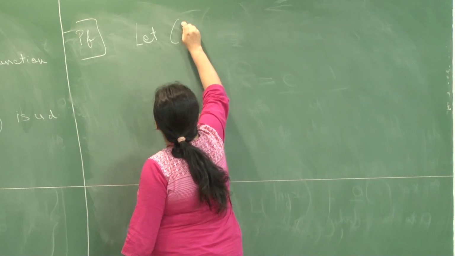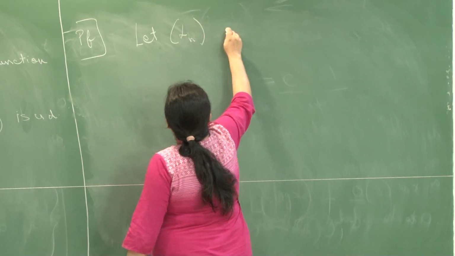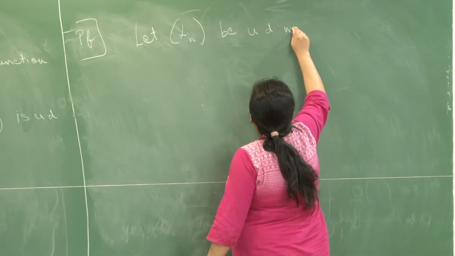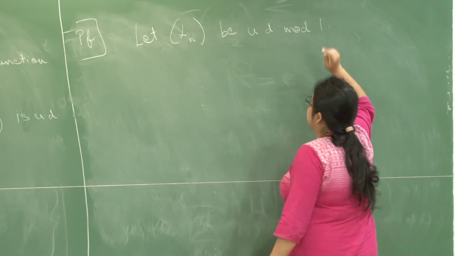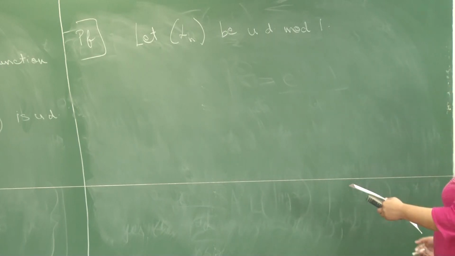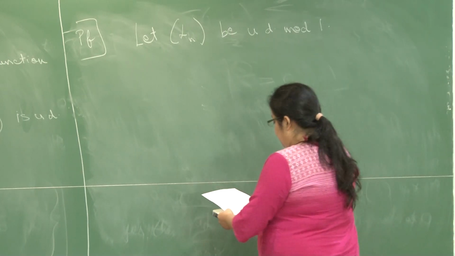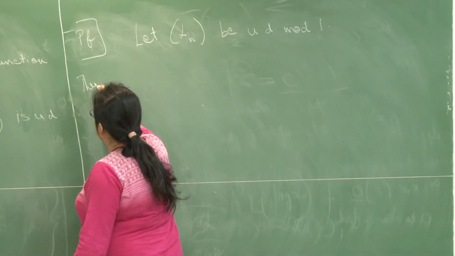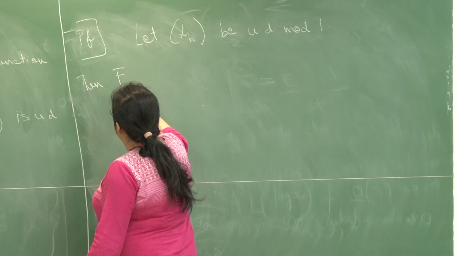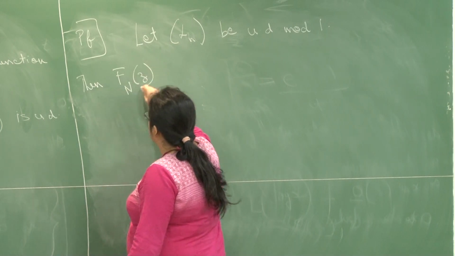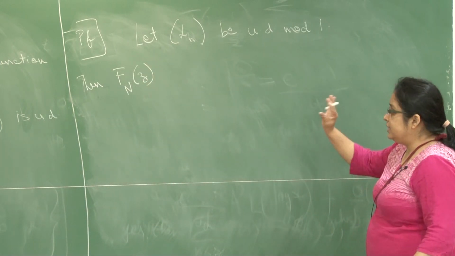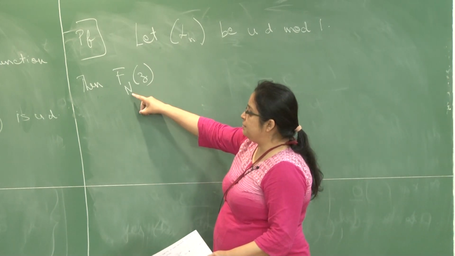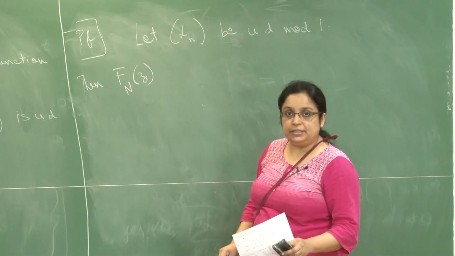Let us start with something that is uniformly distributed modulo 1. Okay, then what happens? In other words, what is your distribution function for the induced probability measures on the natural numbers up to capital N?